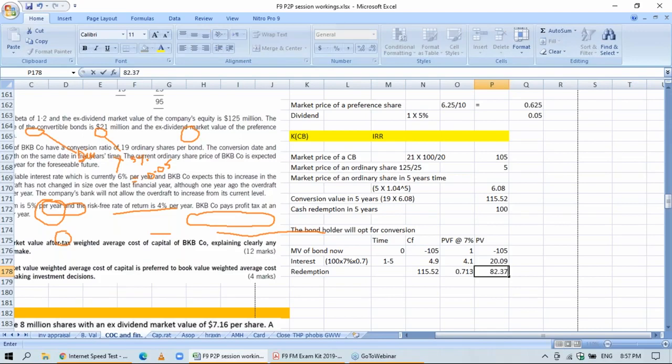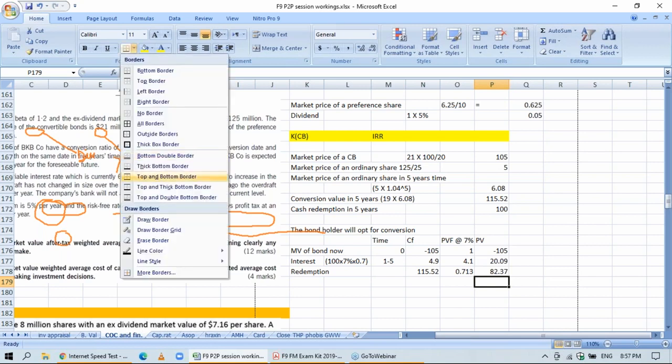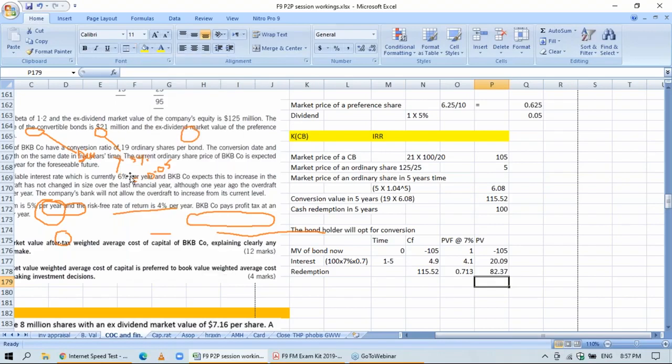So there you get the first net present value, minus 2.54.